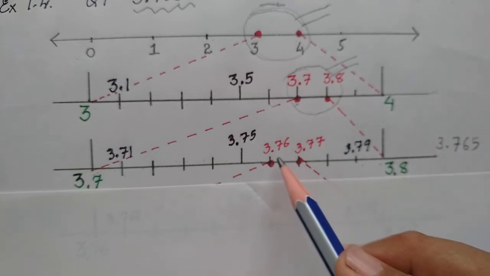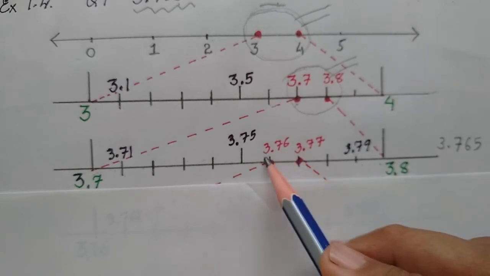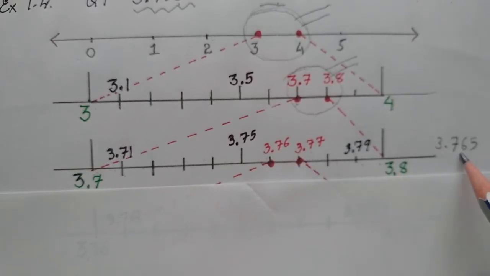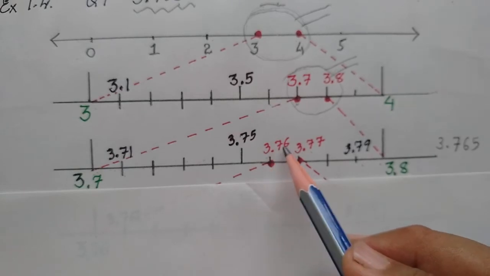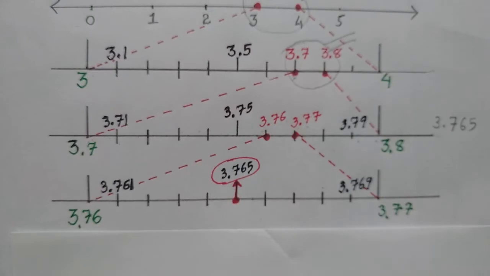So this is 3.76 we will pick up and 3.77. In between these two, this number lies. So now magnify this 3.76 and 3.77, children. So now this 3.76 here taken, 3.77 here taken, equal 10 parts, 1, 2, 3, 4, 5 up to 9.